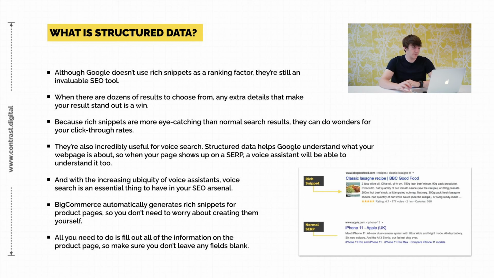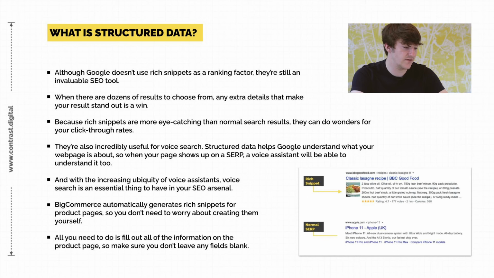As you can see from this basic image, if we were on blog content and trying to incentivize people to click through, this is what a normal SERP would look like. It doesn't have any real extra information making me want to click through, whereas where we've got the structured data coming through, we've got the image of the recipe, the rating, how long it takes to cook and the calories.